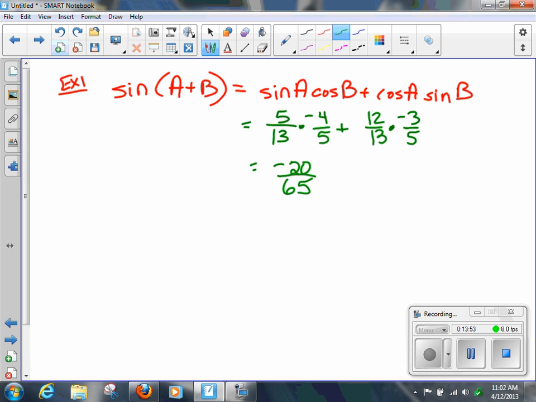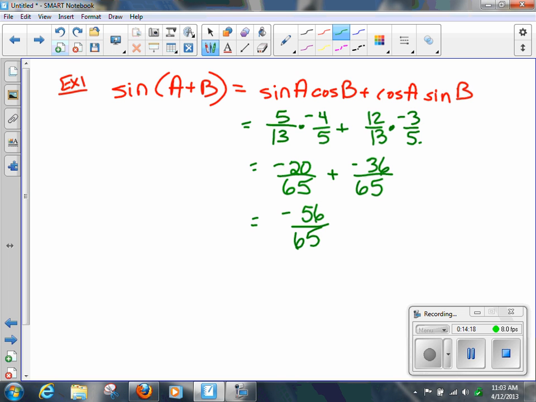But if you do that, then we're going to lose our like denominators, okay? So I want to keep negative 20 over 65 because I don't have anything over here that will cancel out. 12 times negative 3 is negative 36. 13 times 5 is 65. Hello. What's negative 20 plus negative 36?